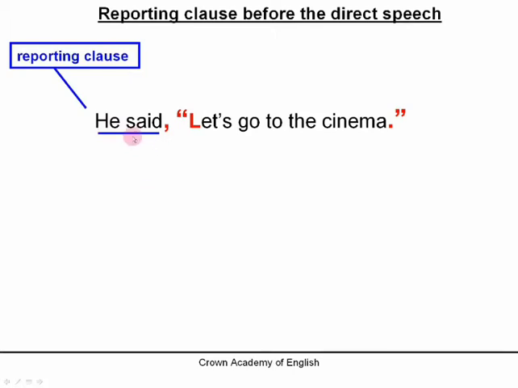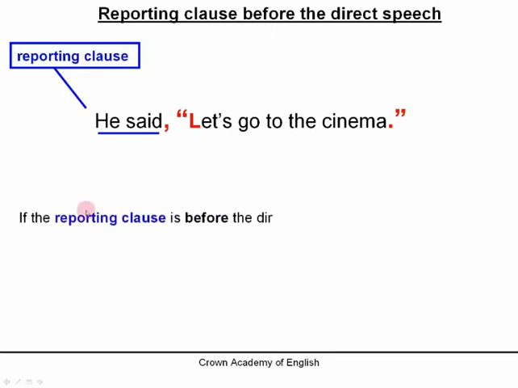This is the verb where we are reporting the direct speech. So, he said. And as you can see, in this example, it is before the direct speech.